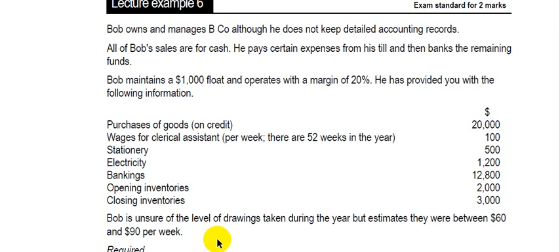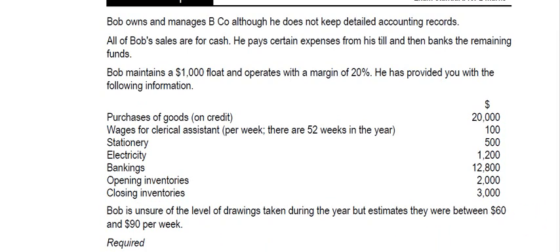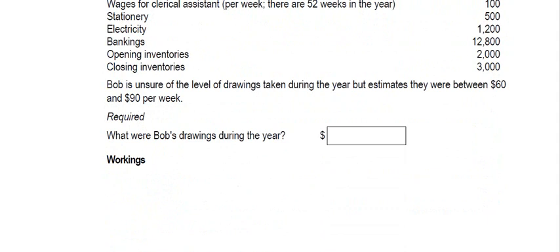Bob is unsure of the level of drawings taken during the year, but estimates that they were between $60 and $90 per week. We are asked to compute or to find Bob's drawings during the year.